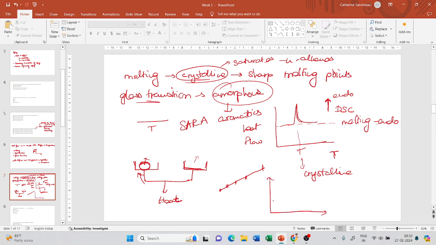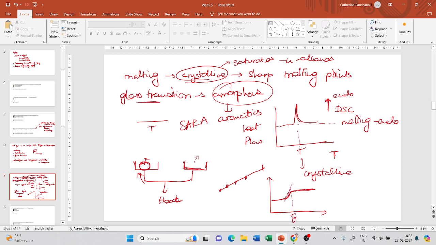So what will happen is, this heat flow curve will actually be a straight line, and they call this the baseline. After it undergoes glass transition, there will be a shift in the baseline. So the baseline will get shifted, and this point is identified as my Tg.